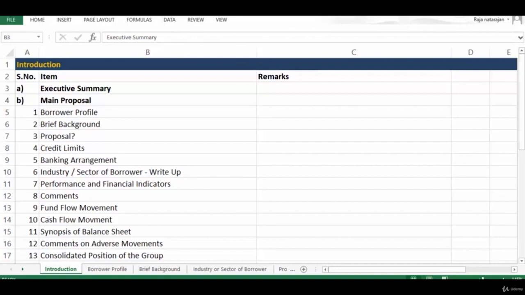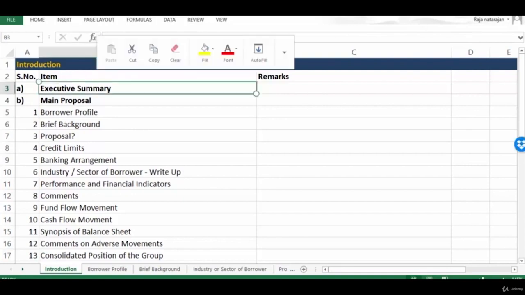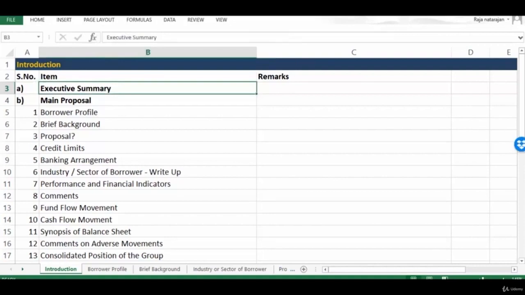In some banks it will be called an appraisal memorandum or appraisal note, something like that. Okay. So this loan proposal in general will have two parts. Part 1 will be the executive summary, which will give a bird's eye view of the entire proposal, because the proposal would otherwise run for 40 to 50 pages.